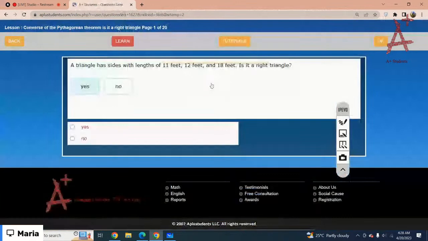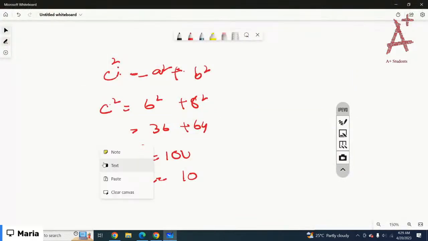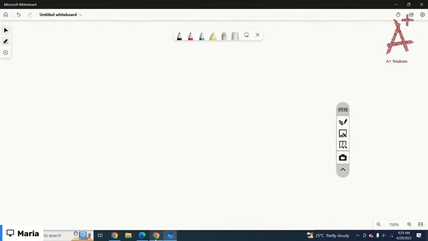Our triangle has side lengths of 11, 12 and 18. The longest side, 18, is always the hypotenuse. Got it?